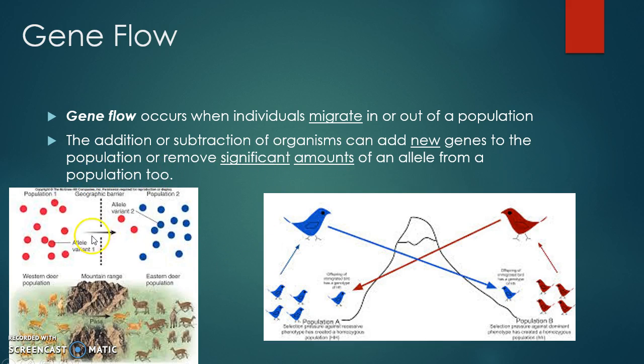We'll look at some of these little diagrams here. We can see how when we have a couple of populations, we can easily have a gene frequency change just by animals moving around.